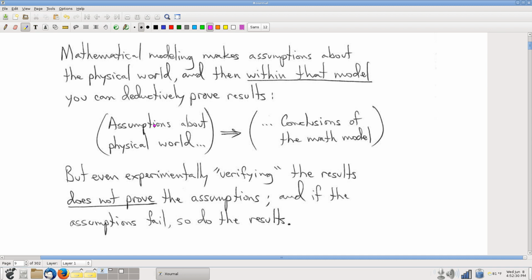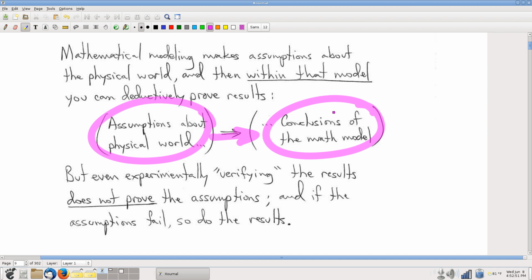So a mathematical model makes assumptions about the physical world. You thus turn the physical world into sort of an assumed math problem, and you can do deductive reasoning within that mathematical model, and you then get conclusions of the mathematical model.